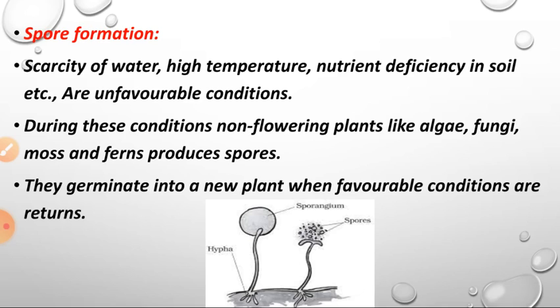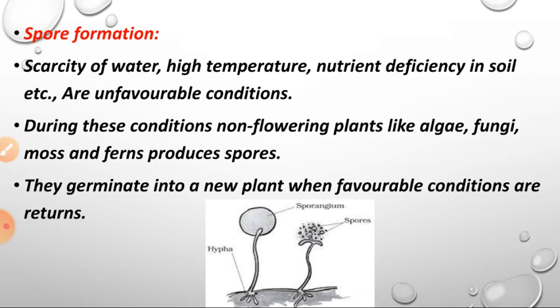So spore formation is also asexual reproduction, and during unfavorable conditions it releases spores, like water scarcity, high or very low temperature, nutrient deficiency.